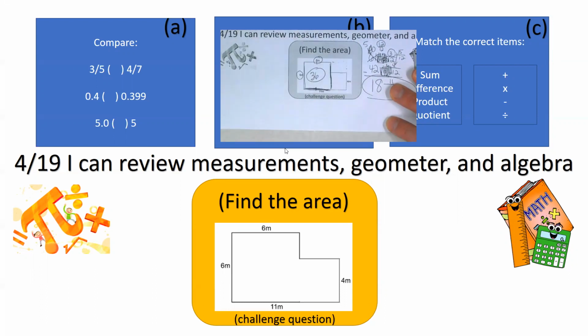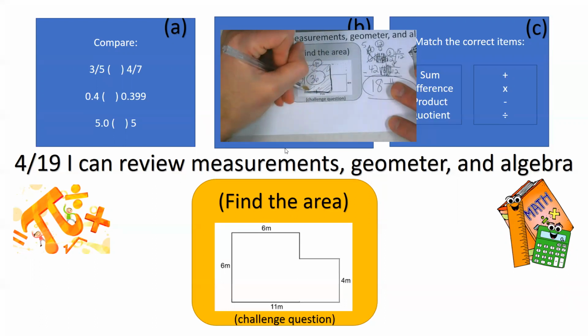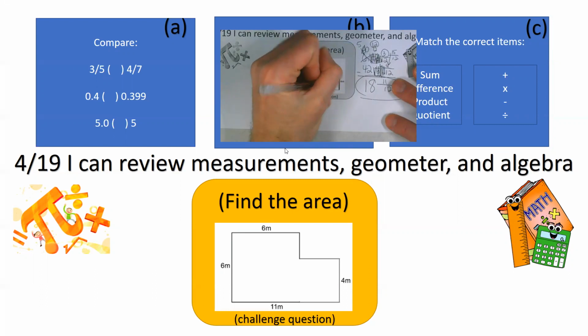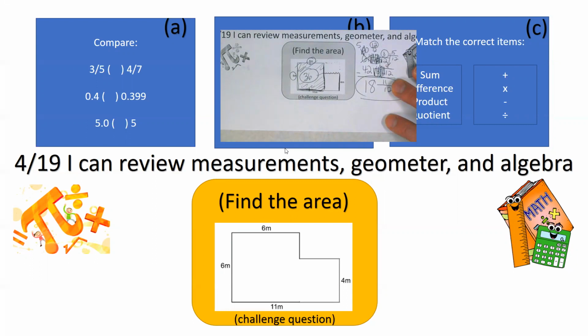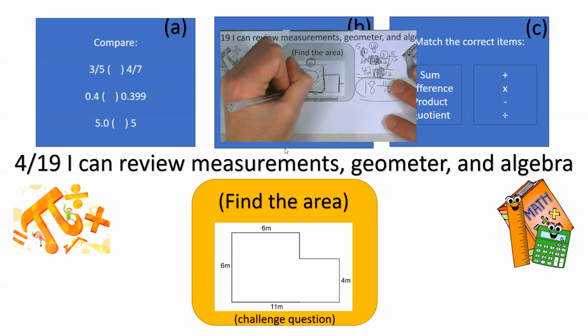6 times 6 is 36. So this area is 36. What's this one? Well, it's 4 by something. We know this is 6, so that means this is 6.